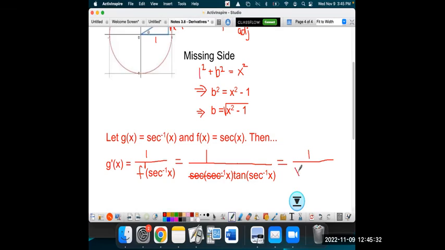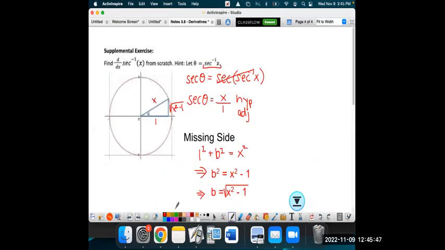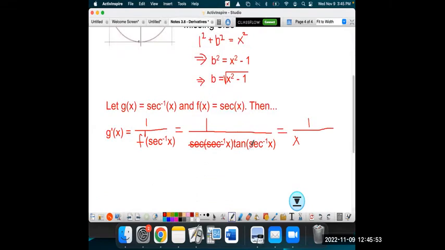But in order to figure this stuff out, you remember how in example 4 we had cosine of sine inverse? Well, that's where we had the right triangle and we were given in the first place that theta equals sine inverse. So here, remember how we have theta equals secant inverse? I am going to replace this with theta.